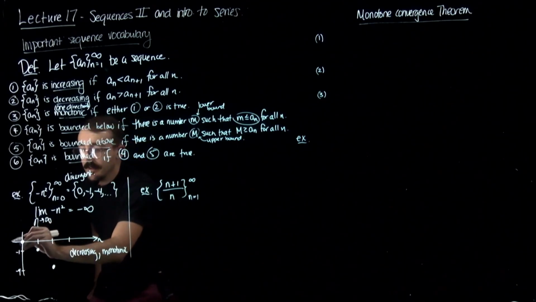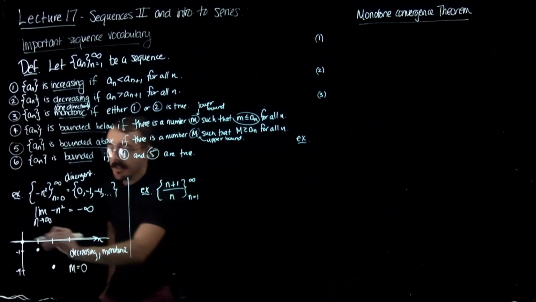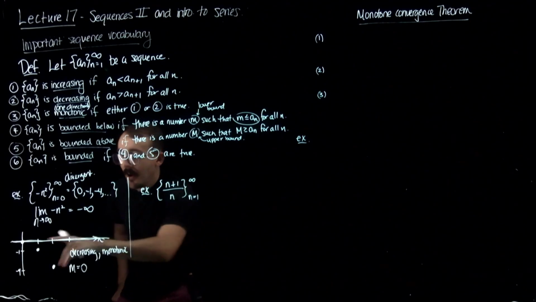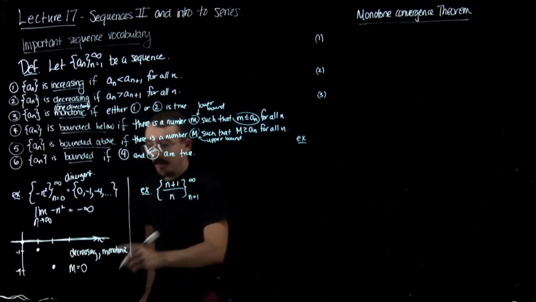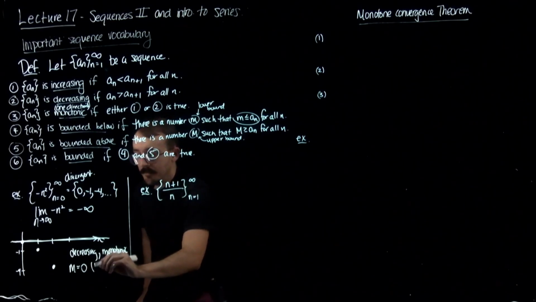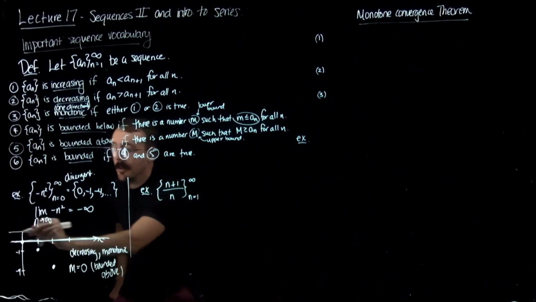Let's say I picked 0. For capital M equal to 0, I can basically put a roof on all the points on the graph, right? That's what it means to be bounded above. So M equals 0 in this example would show that this is bounded above. And I don't have to pick 0. I could pick any number that's larger than all of them.